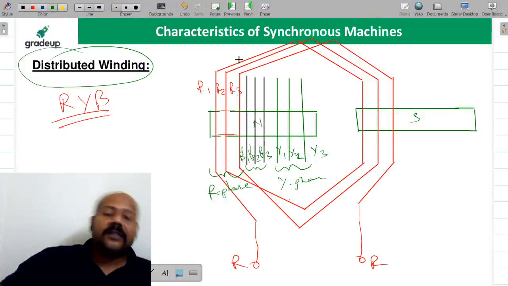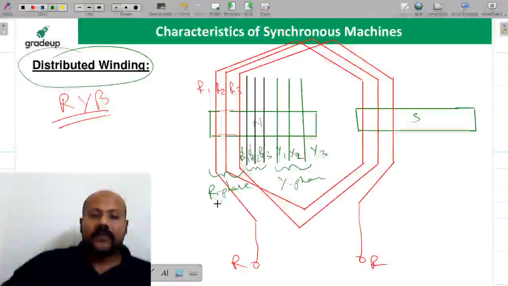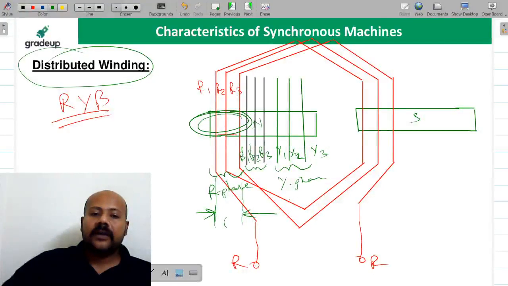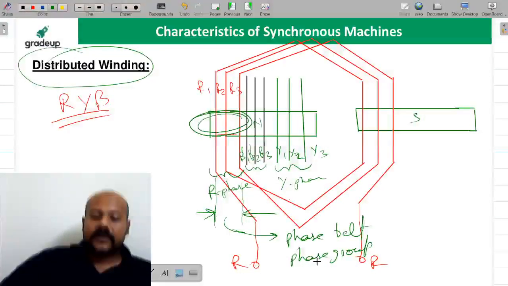That polygon is very easy, you can find it out, no problem. But I will discuss that also, don't worry about that. Now beta this section which is dealing with this R phase, this beta we are discussing as the phase belt or the phase group or the phase band.